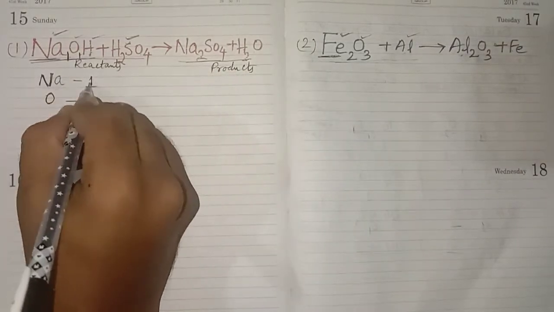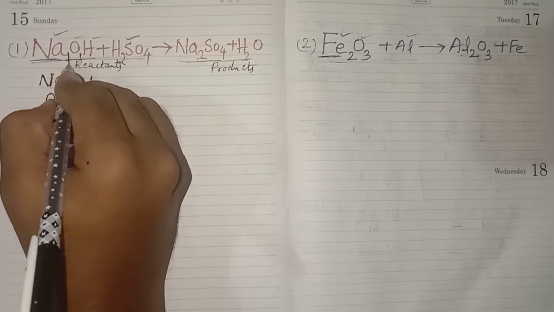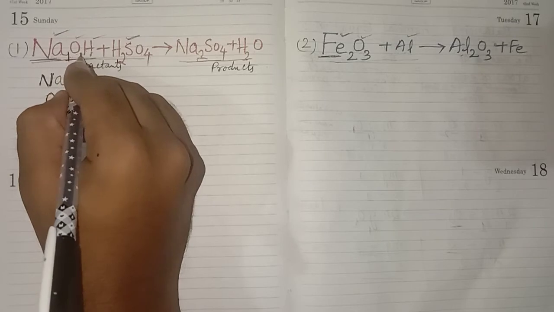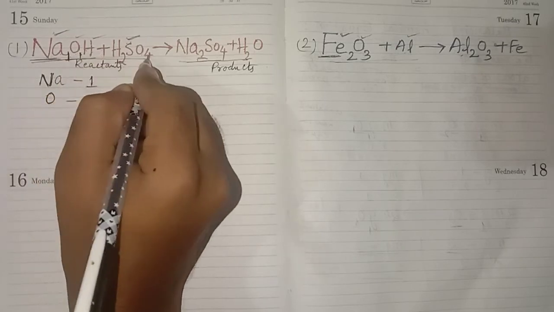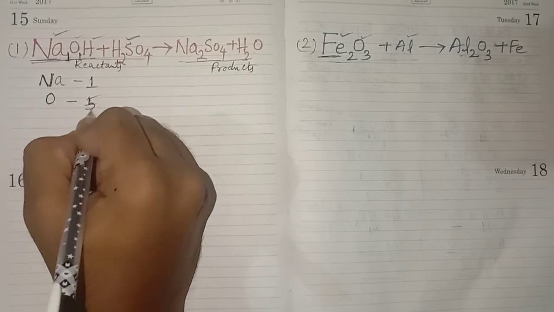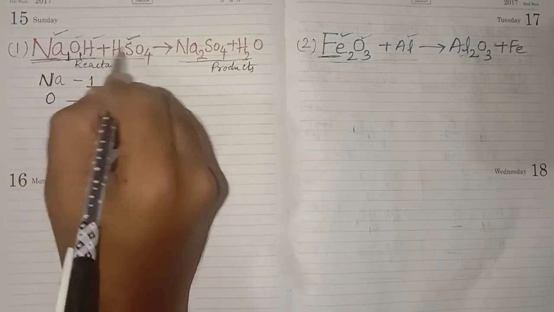Reactants. Sodium, how many atoms? If there is no value, we need to consider 1. Oxygen, if you observe, this is 1 plus 4, that is 5.